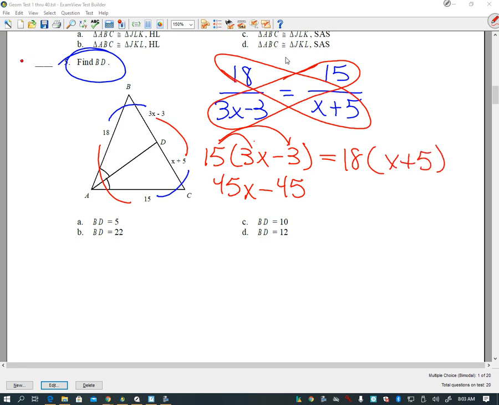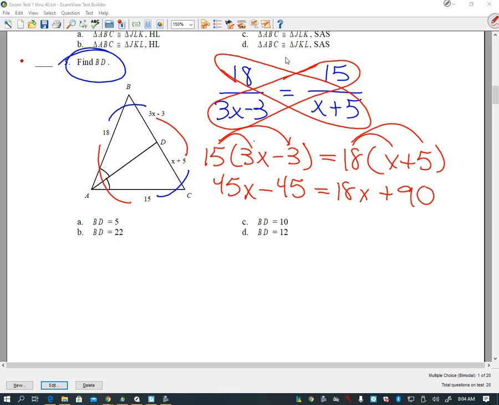Okay, good. And I'm going to do what there? Distribute. So 18 times x is 18x. 18 times 5 is, was it 90? 90. Okay.